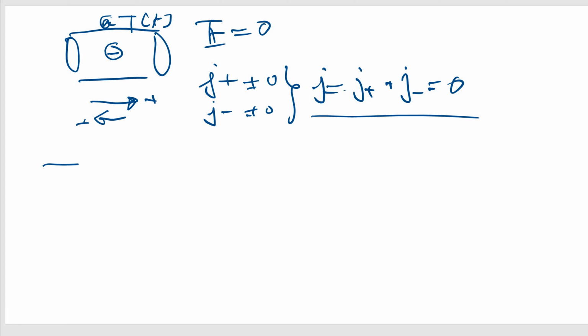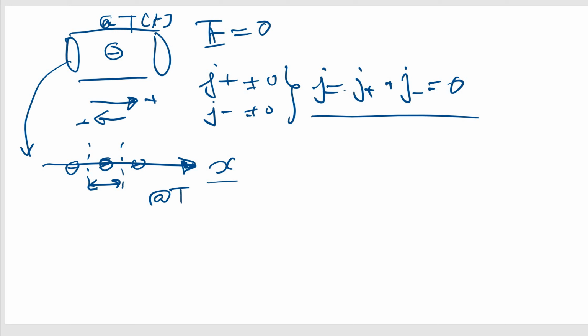For simplicity, this is degenerated to one direction through X, one dimension, and there's one electron, two electron, three electron, repulsively forcing each other, and on average, one electron is restricted at some temperature T, with no electric field, of course no magnetic field.